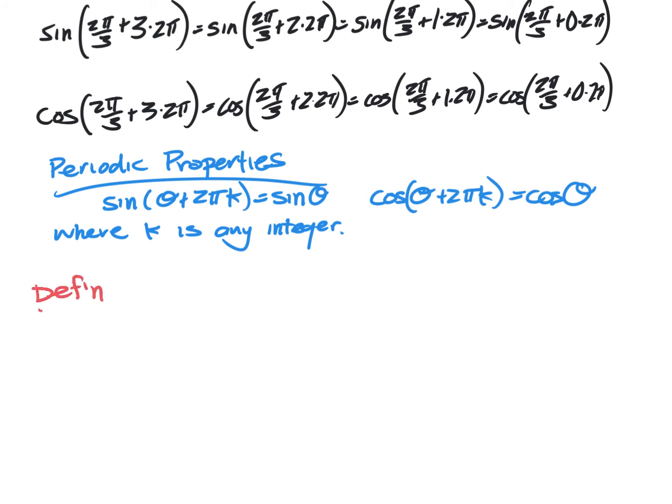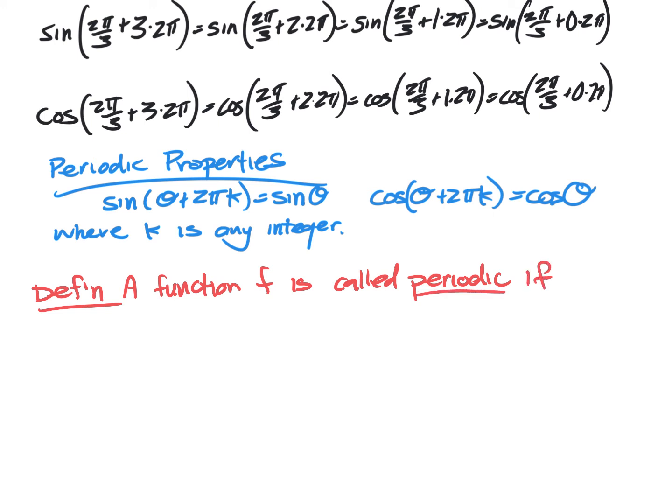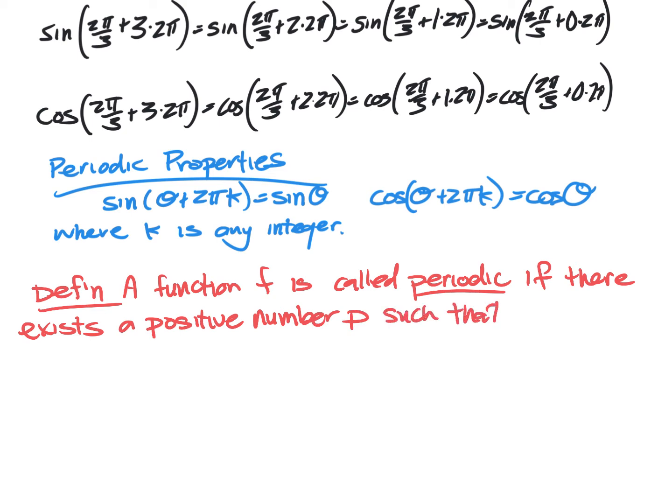We have a definition that states that a function f is called periodic if there exists a positive number p such that our function f evaluated at some theta plus that number p is just equal to the same f evaluated at theta.